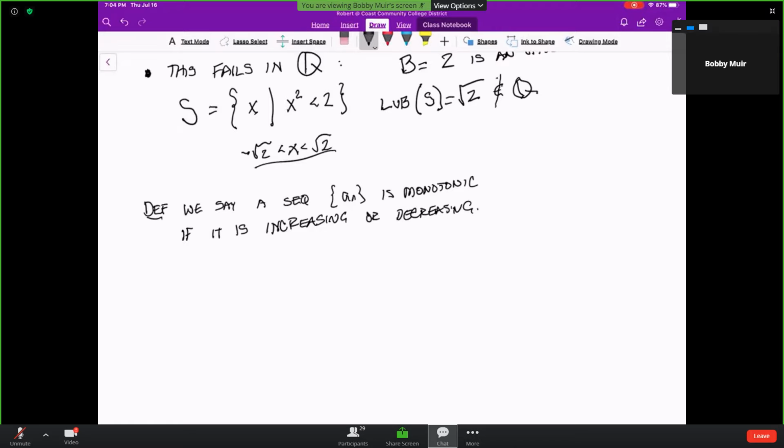Okay. So now, as a corollary to this result, by just changing things, the completeness axiom also holds for lower bounds.